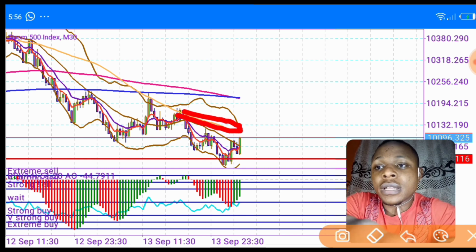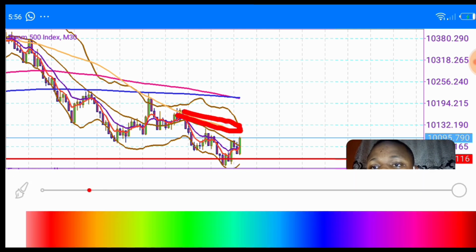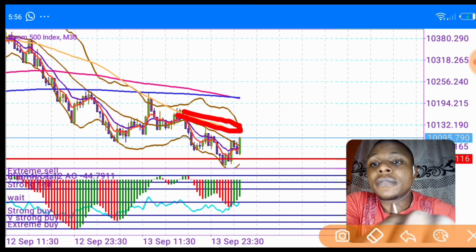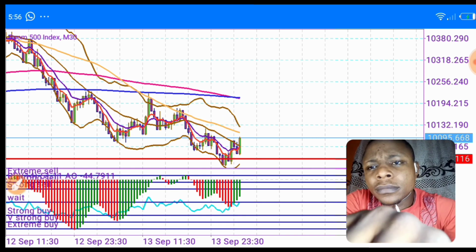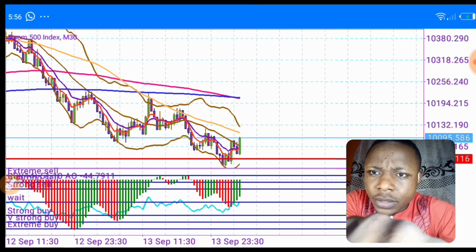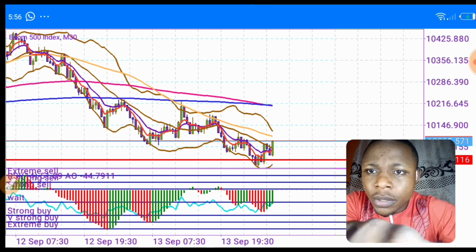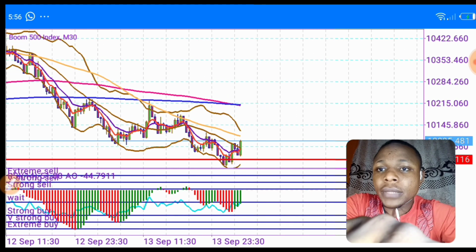My 50 SMA is that yellow line. So let's assume you waited for it to spike or to buy up to that 50 SMA on this 30 minutes and you sell.